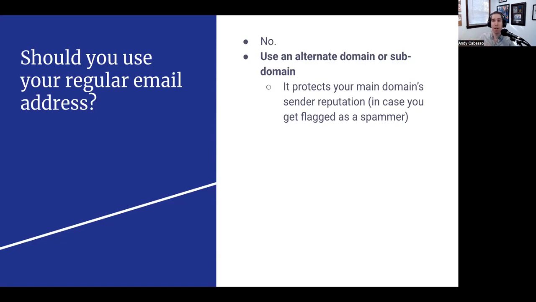But if I buy an alternate domain like postaga.net and all my outreach emails go from postaga.net, what I'll do is set a redirect in my DNS, my Cloudflare or Namecheap or GoDaddy account, so that if someone visits that alternate domain, which can happen if someone sees, oh, I got an email from Andy at postaga.net, let me visit this site real quick, it'll redirect them to my main postaga.com domain.